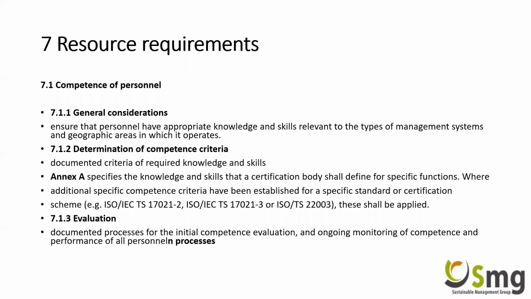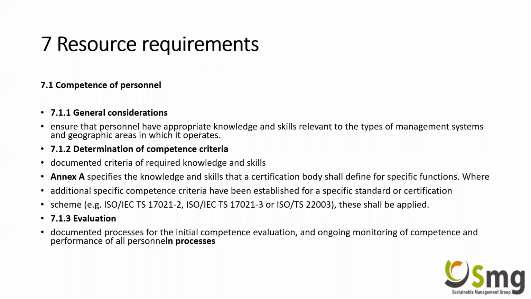And we have other standards like 17021-2, -3 and TS 22003 for food, where for every scheme you have a different 17021 that will talk about competencies for environment, health and safety, information security, anti-bribery, 9001 for quality, and 21001 for educational organizations. So there are 17021 standards specific to that standard.